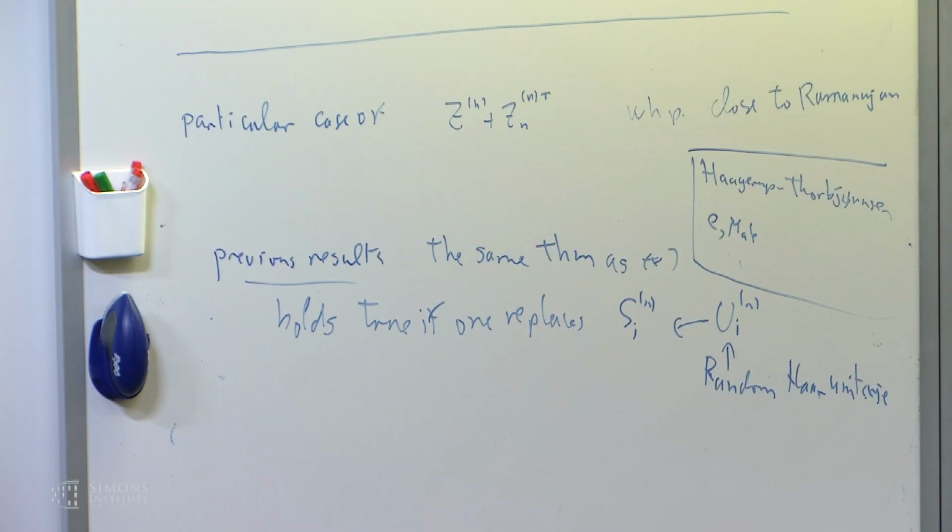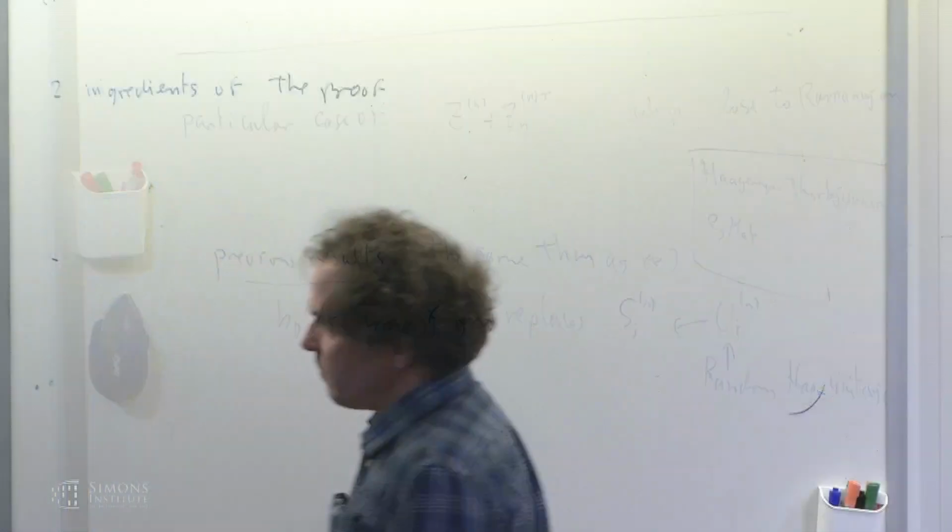so somehow even though at first sight it looked like a direct extension, lots of new tools were needed. And I will just finish by mentioning two ingredients of the proof.